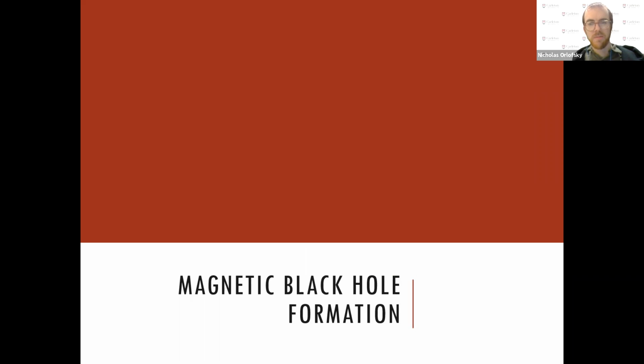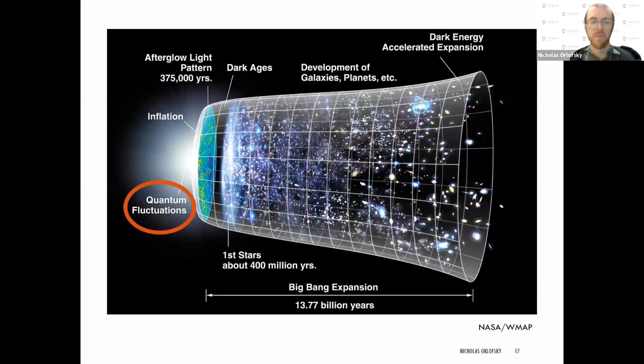Okay, so let me try to fill in just a little bit more about the formation story. One possible formation story. As I said, there could be several others. So the idea is that maybe if you form black holes primordially, then you can have them absorb some amount of charge and be left with some residual charge. In order to form primordial black holes, you need something non-trivial to happen with the quantum fluctuations that are generally seeded during inflation that give rise to all the structure formation that we see today.